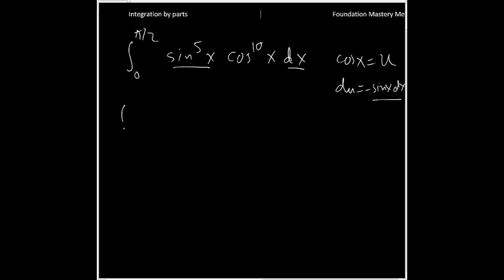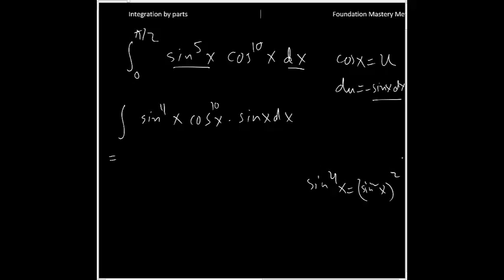So what do I do? I'm taking without the limit, sine to the 4x cosine to the 10x and then sine x dx. Sine to the 4x is sine squared x squared, is that right? And you have seen from the identity sine squared is 1 minus cosine squared x, and you have taken u is cosine x, so this one is 1 minus u squared, squared.